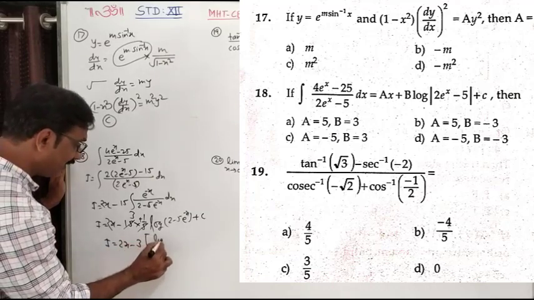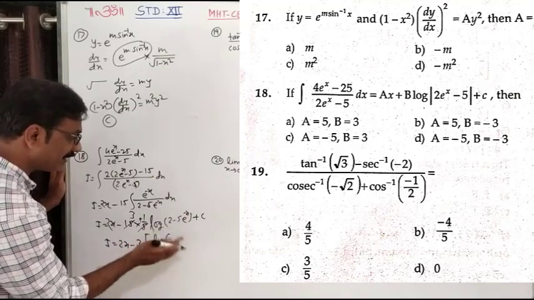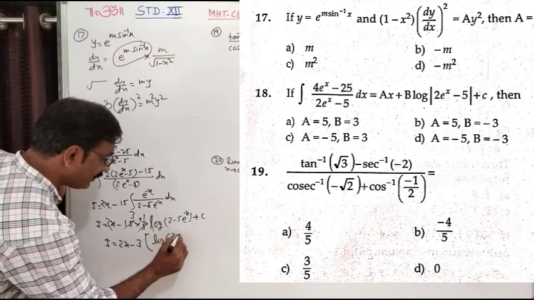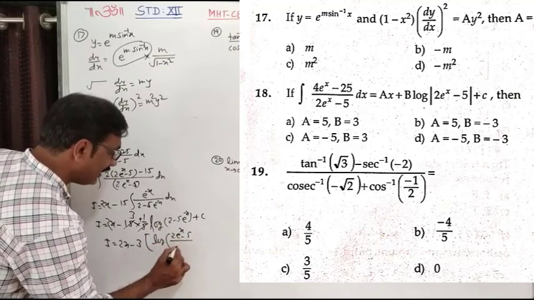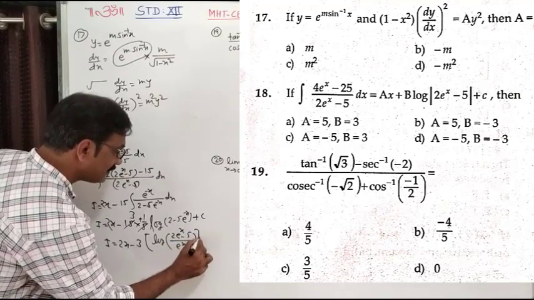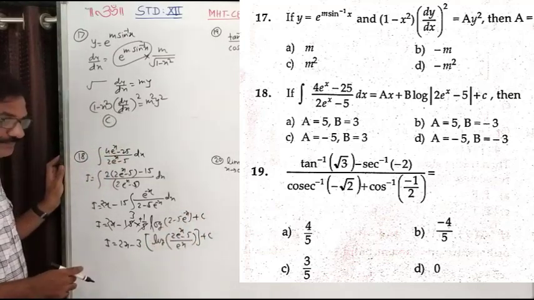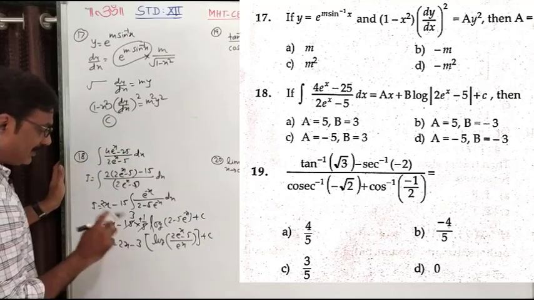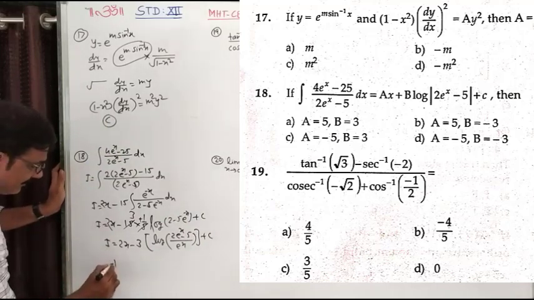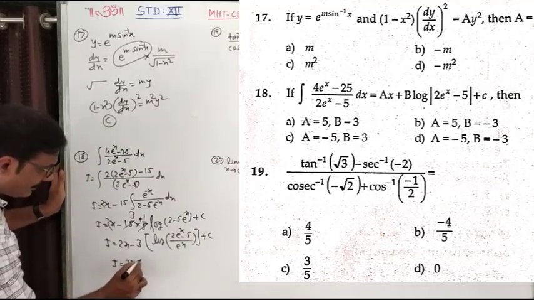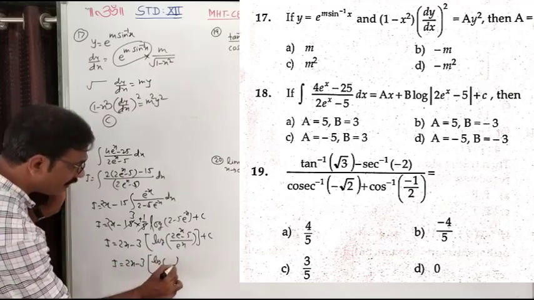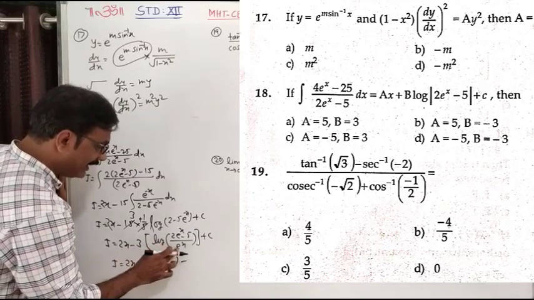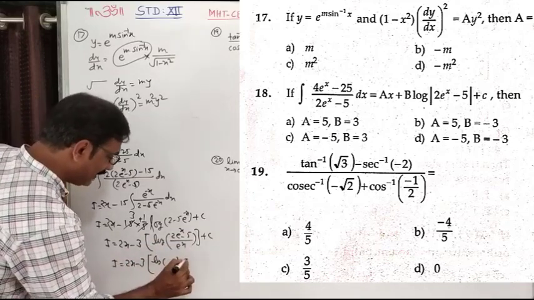How do you simplify this? Bring log of e raised to x down, so this becomes 2 e raised to x - 5 upon e raised to x plus c. Okay, use laws of logarithm. Log of this numerator minus log of e raised to x. x comes down, log e is 1.